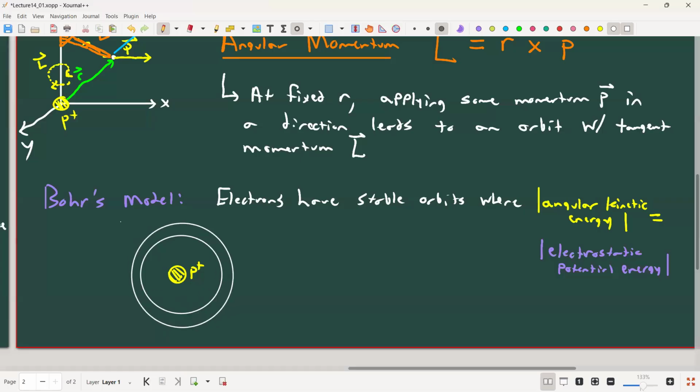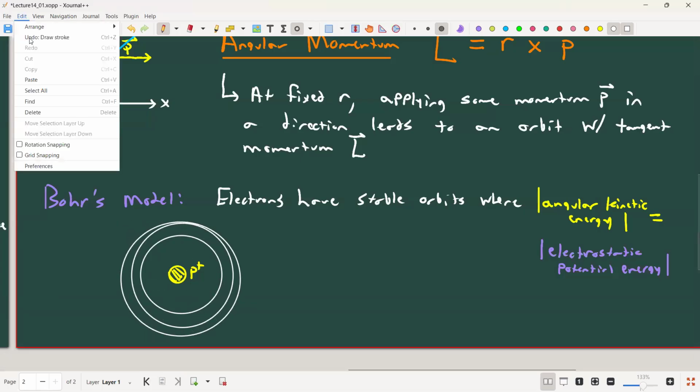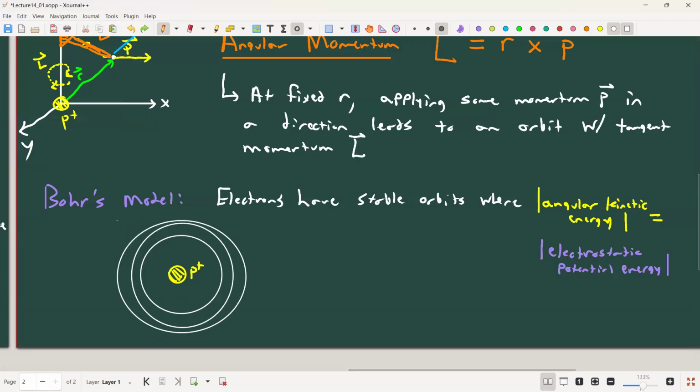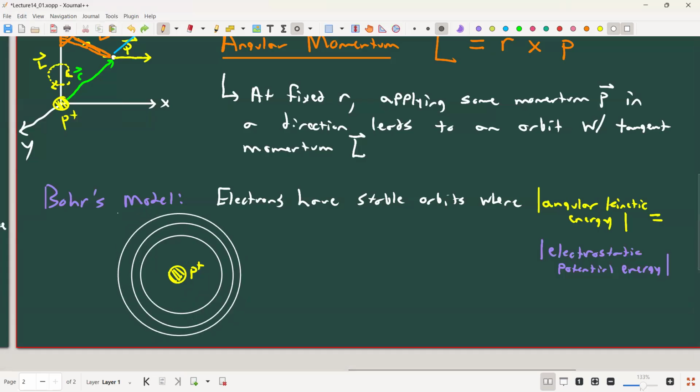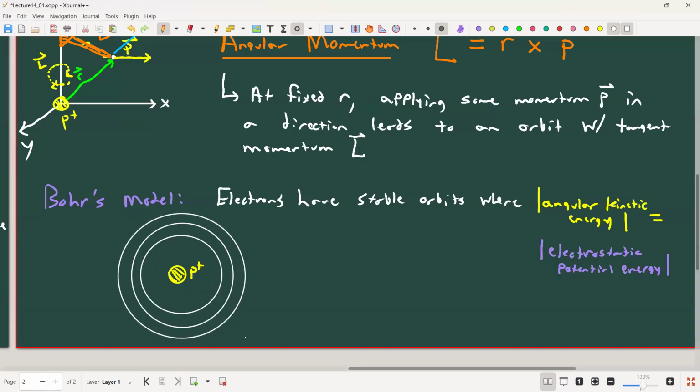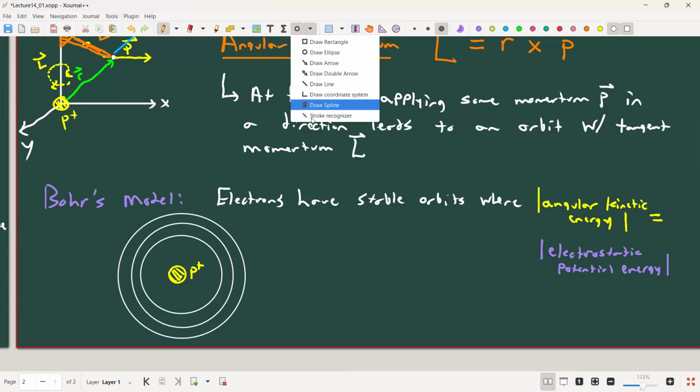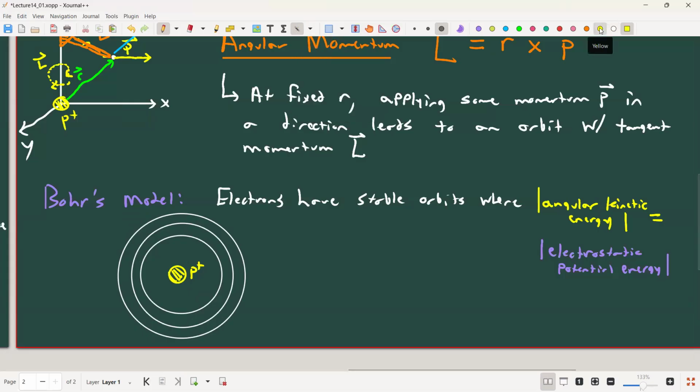I'm trying to make it so that they're nice and concentric. There we go. Like that. And he says that they're quantized. Remember, everything in quantum mechanics is quantized. So we have what he calls the n equals 1 orbit, the n equals 2 orbit, the n equals 3 orbit.